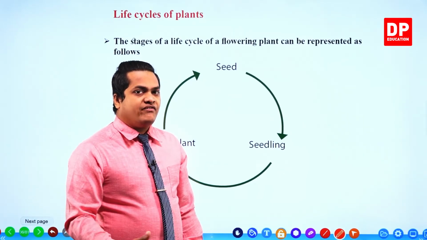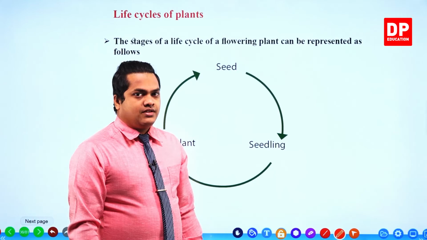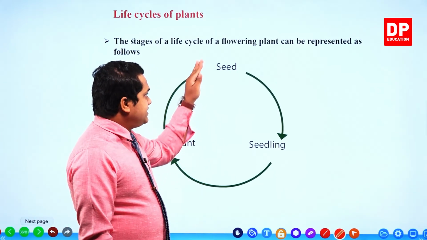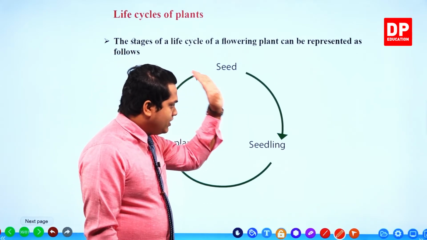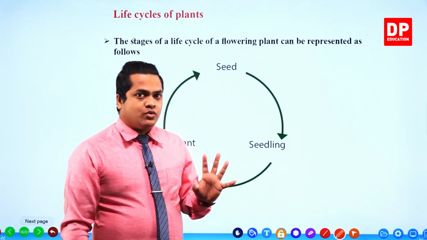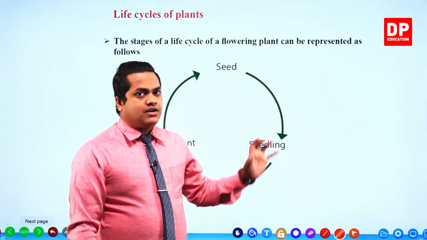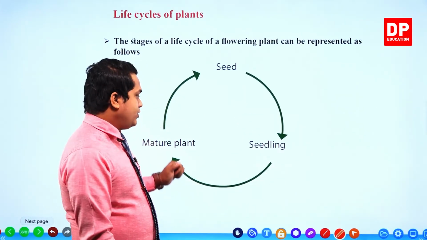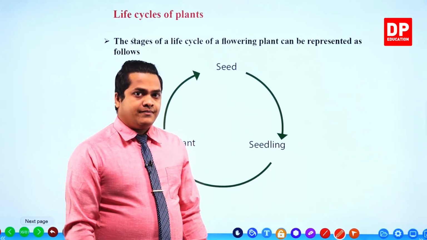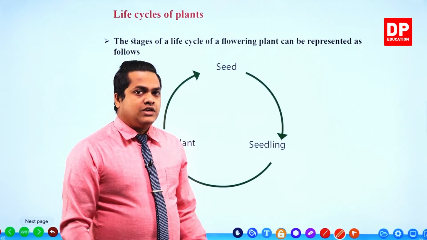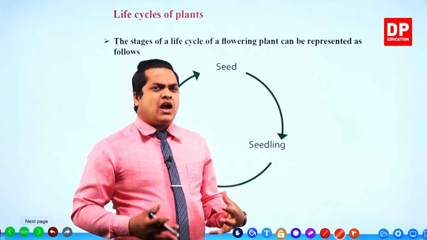That's quite obvious in a flowering plant. So my dear children, these seeds then finally convert again into a seedling or a plantlet. Then that plantlet gradually develops into a mature plant. Okay, mature plant. This is how the life process of a plant works.